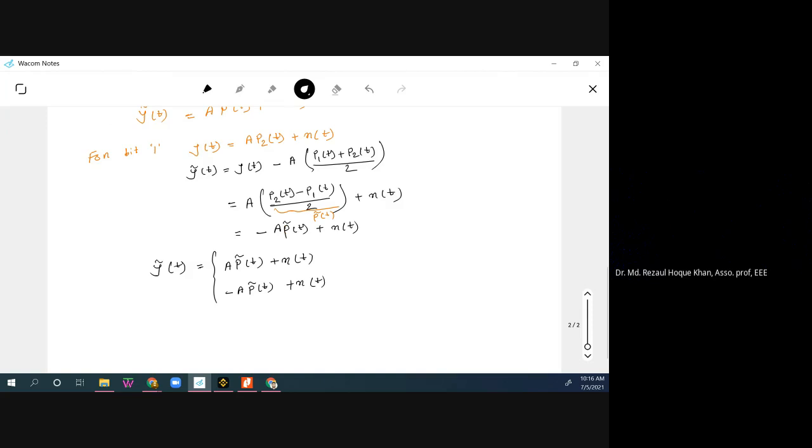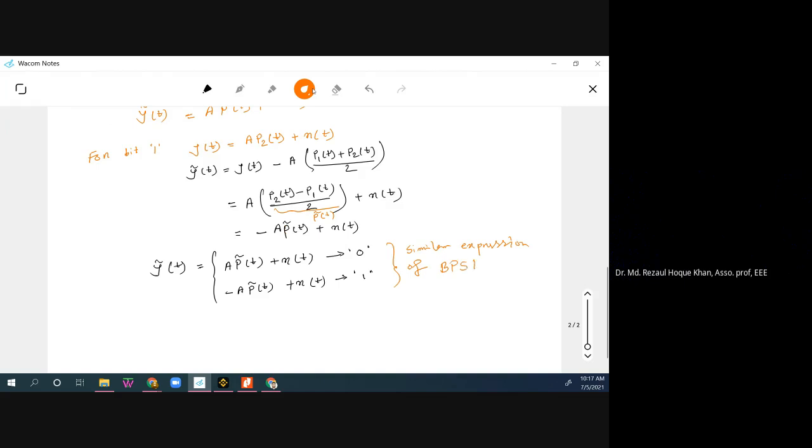This one is for bit 0, and this is for bit 1. You see, this is a very similar expression to what? Similar expression of BPSK, binary phase shift keying, right?